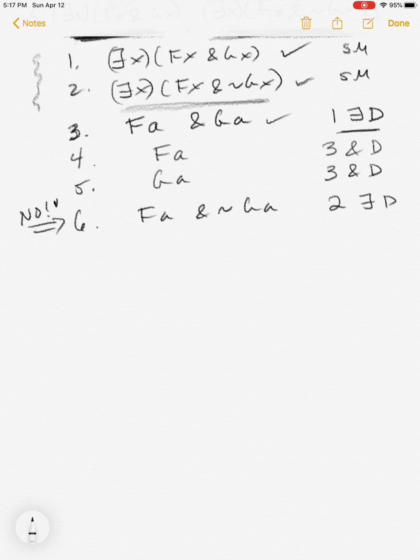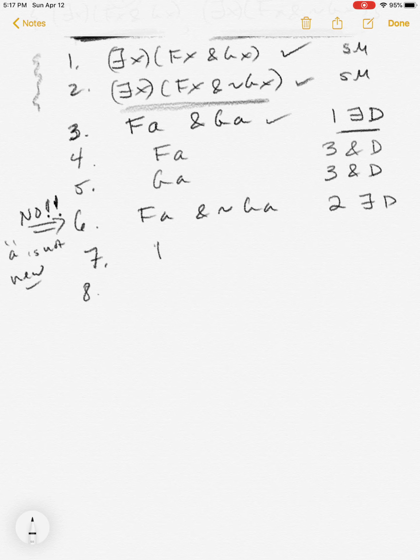I'm violating the restriction, but I'm doing it on purpose. Why? A is not new. A already appears; we've already used A. But I'm going to continue anyway, knowing I made this mistake.